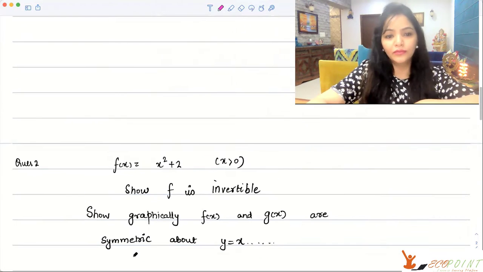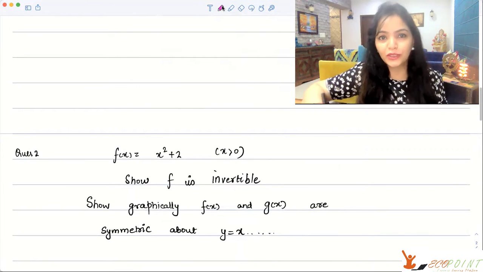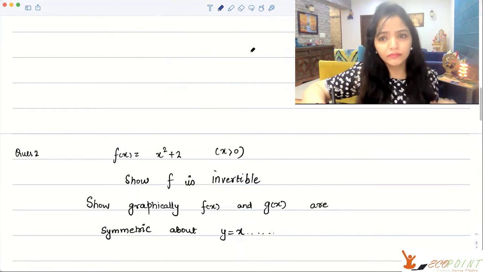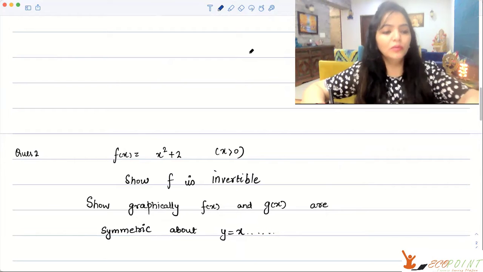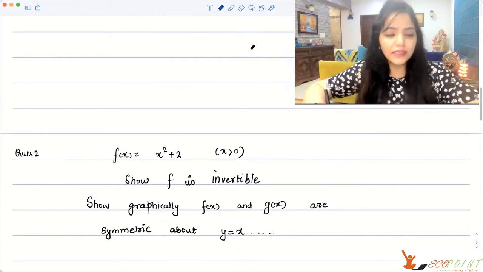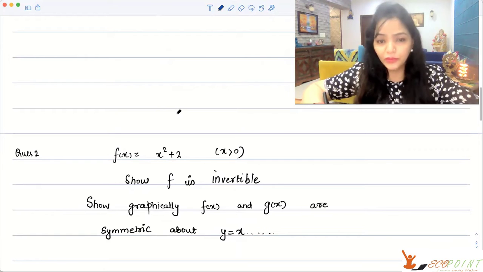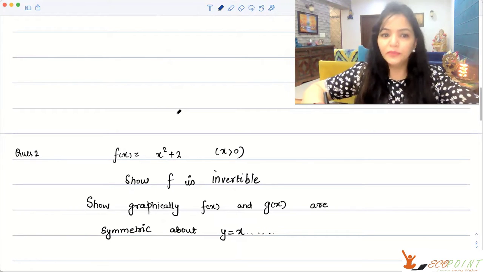Now, next is an interesting question, because here we will learn a few things apart from just the graph. In this question, we have f(x) equal to x squared plus 2, x greater than 0. First of all, show that f is invertible.